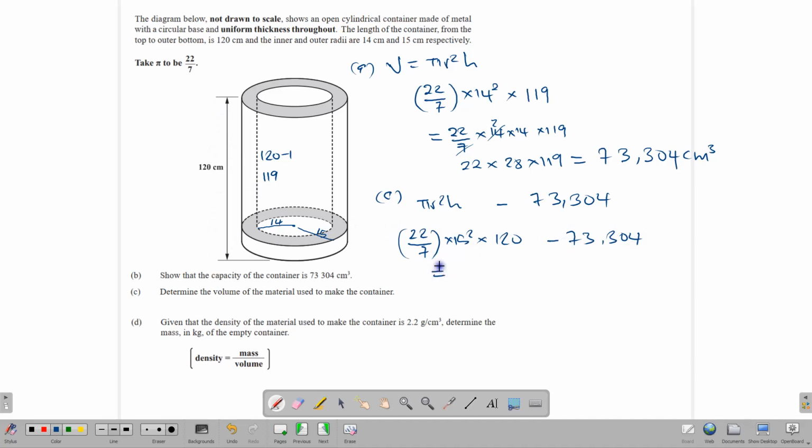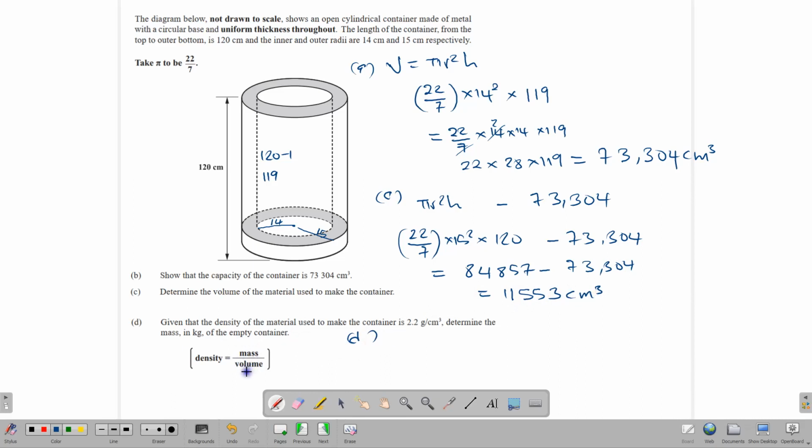And once you do that, you will get 84,857 minus 73,304, and that gives you an answer of 11,553 centimeter cube.